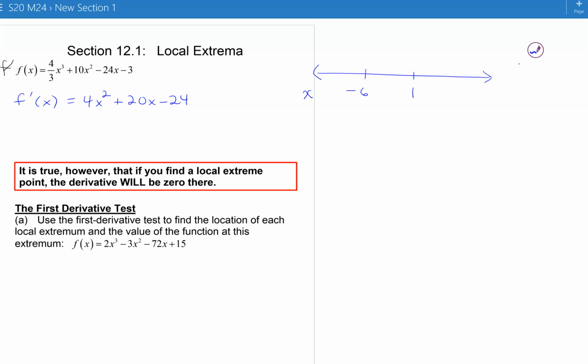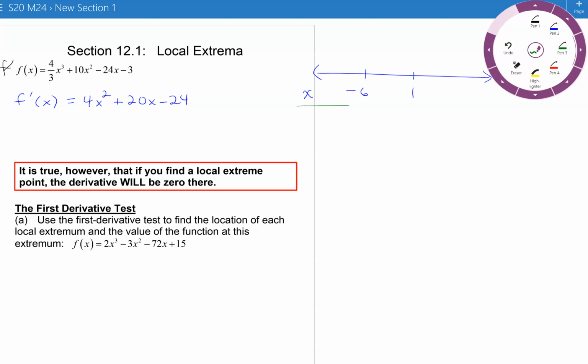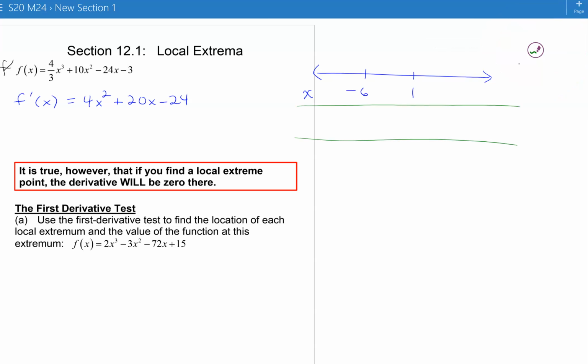So this row just below the number line is x values. It's our critical numbers. And so we know that at the x value of -6, f prime is 0. And at the x value of 1, f prime is 0.